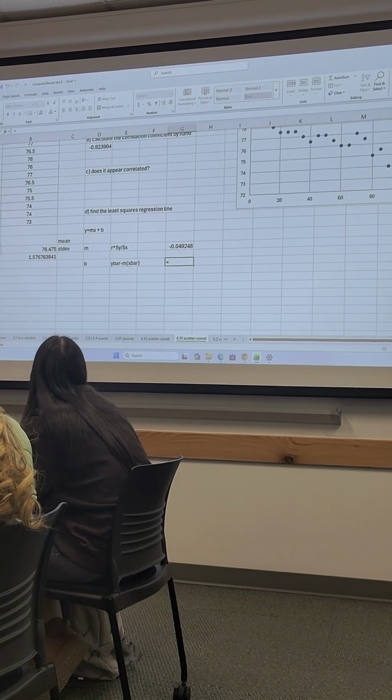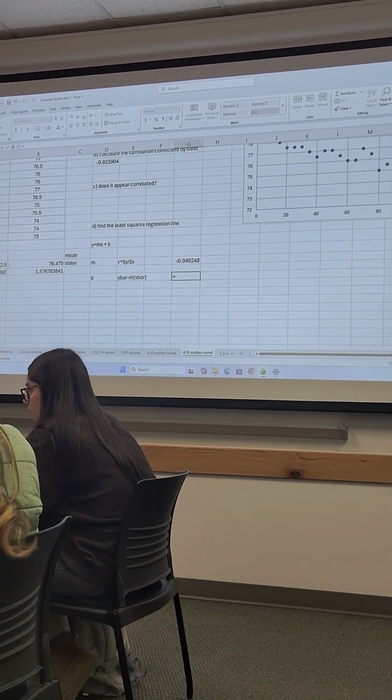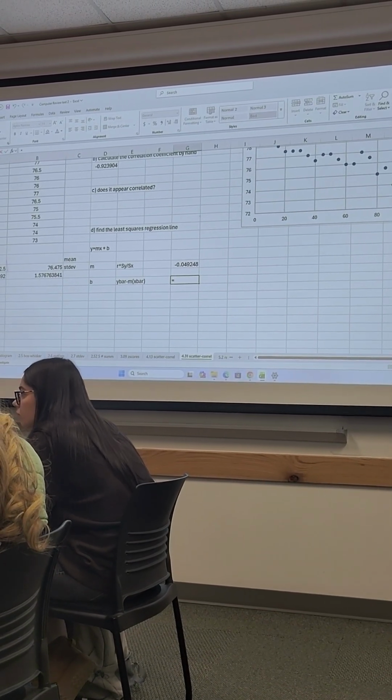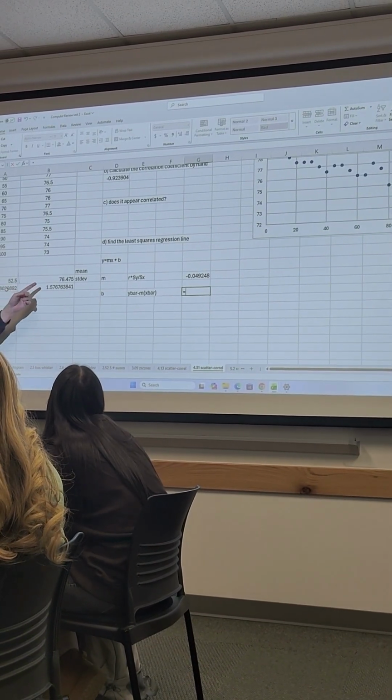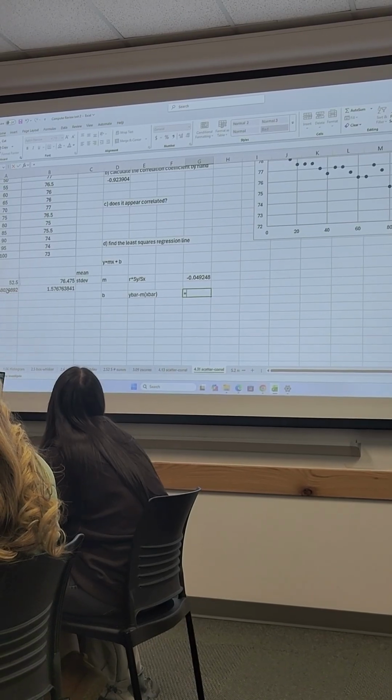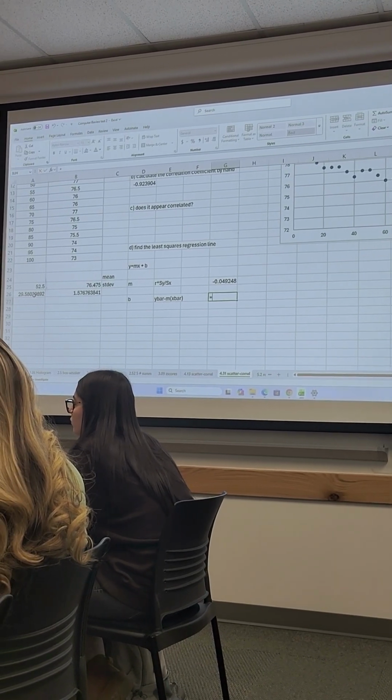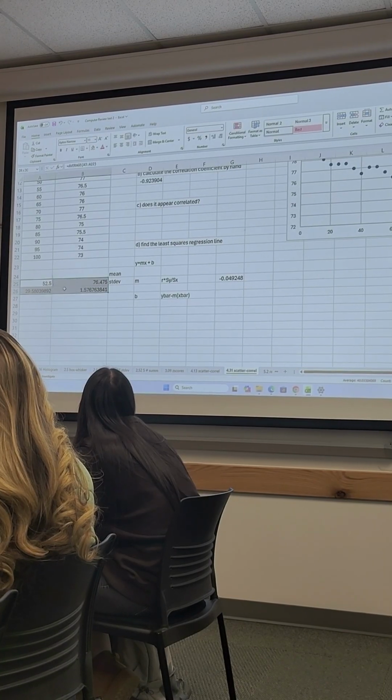My y-intercept is what? I don't know what your y bar is, because I didn't get. Oh, I put those on the wrong lines, didn't I? I did that in a really confusing way.